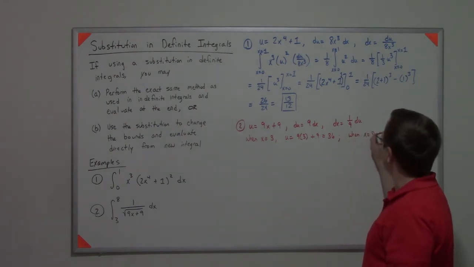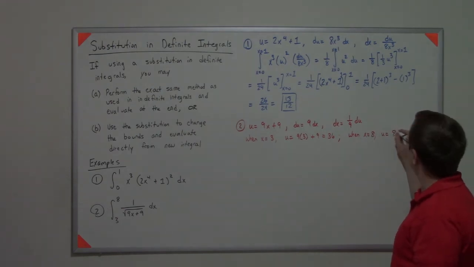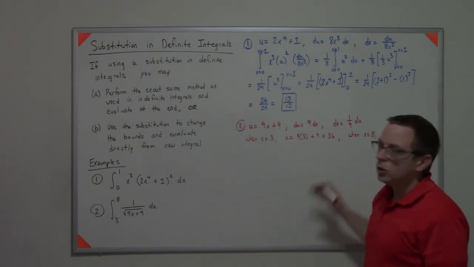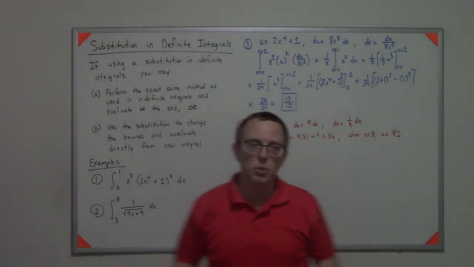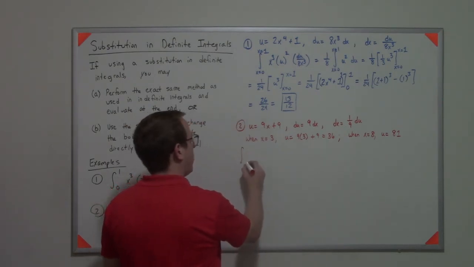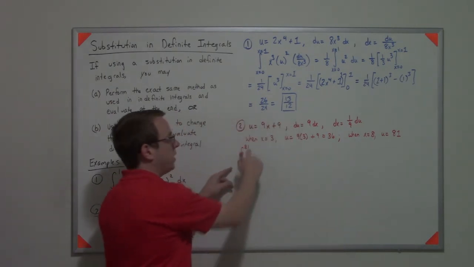When x is 8, u is going to be 81. So why am I doing that? Well, the reason is that now, when I take this integral, I get new bounds. Whereas it was 3 and 8 here, it's now 36 and 81.